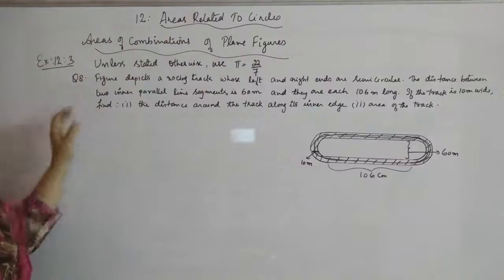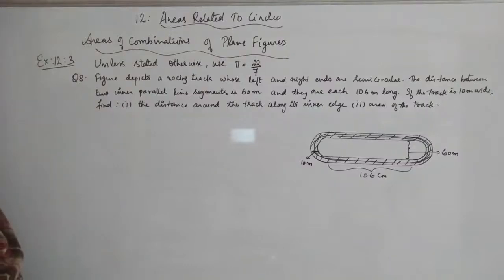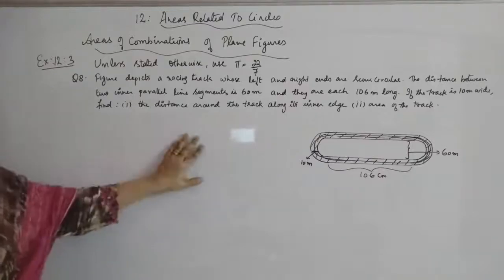Question number 8 is, the figure depicts a racing track whose left and right ends are semicircular. The distance between the two inner parallel line segments is 60 meter and they are each 106 meter long. If the track is 10 meter wide, find the distance around the track along its inner edge and the area of the track. So what all are given in the question, we'll see.